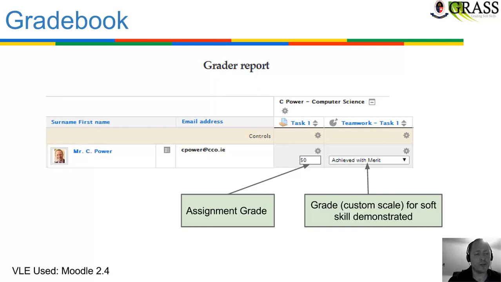These learning outcomes can be graded separately to the overall assignment grade. So in the example here, you'll see a custom scale was devised for recording the performance of the teamwork element of that individual task, and this can be done across all tasks and all subjects, so that you can build up a profile of that student's teamworking ability by using the learning outcome function in this virtual learning environment.